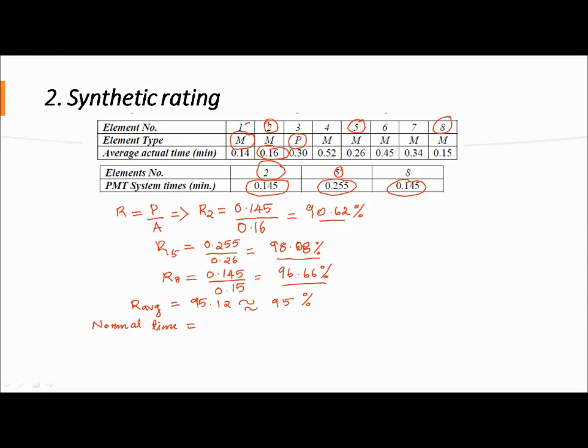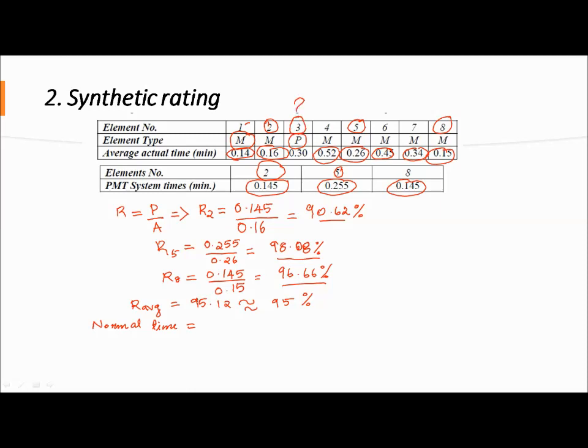So here you have a lot of individual elements which are present. So you will have to sum up all the times, that is 0.14, 0.16, 0.52, 0.26, 0.45, 0.34 and 0.15. So you will have to sum up all the elements. I just took all the elements except 3.